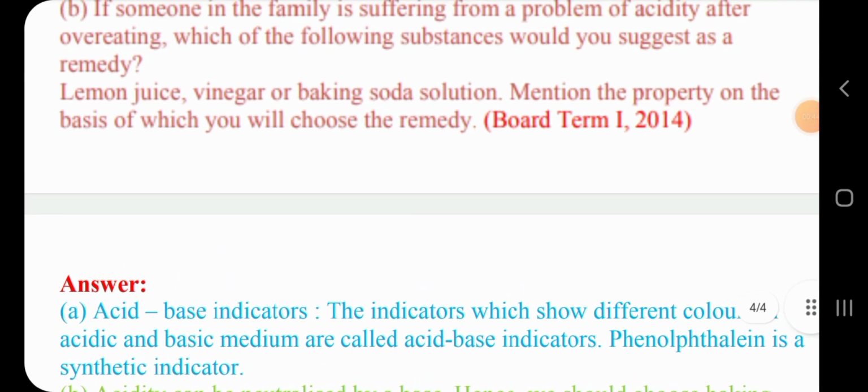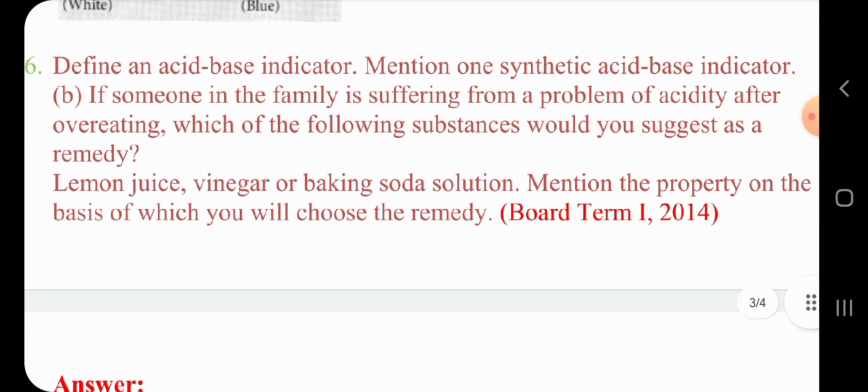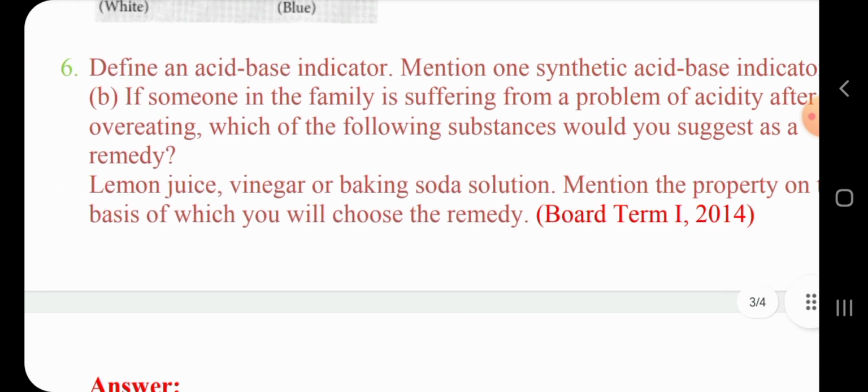Now the next question. If someone in the family is suffering from acidity after overeating, which of the following substances would be suggested as a remedy: lemon juice, vinegar, baking soda solution? Mention the property on the basis of which you will choose the remedy. Mainly we will suggest the baking soda solution.